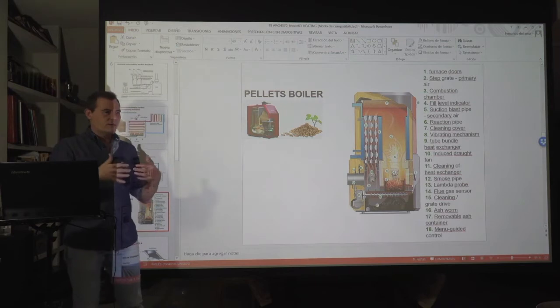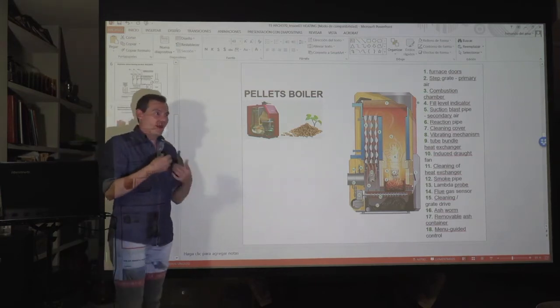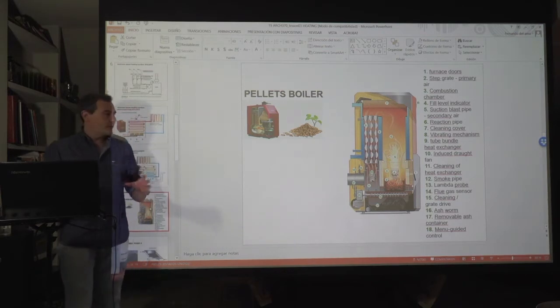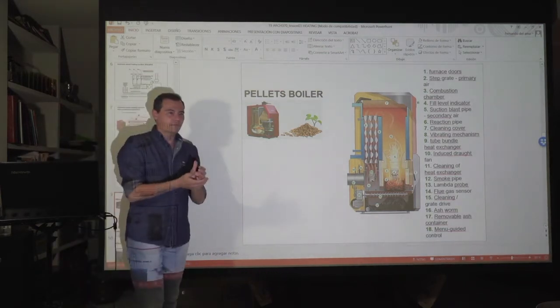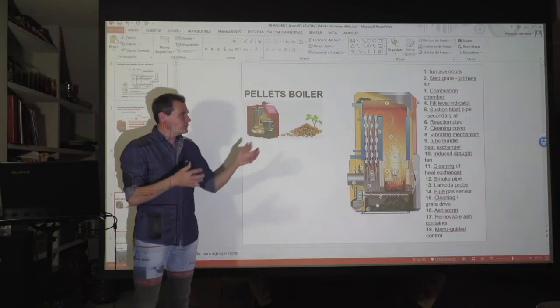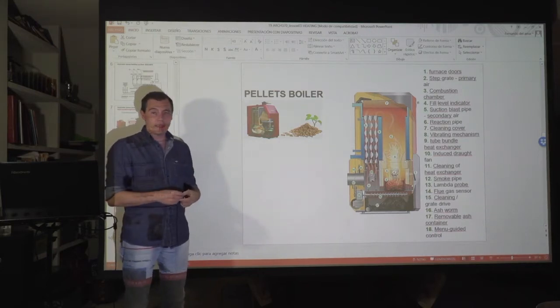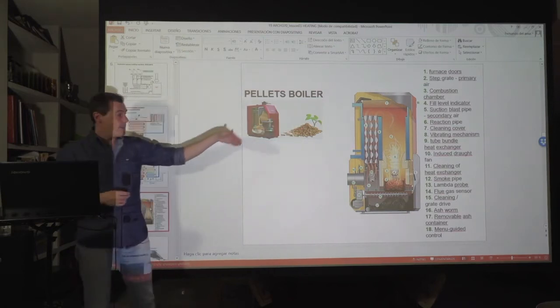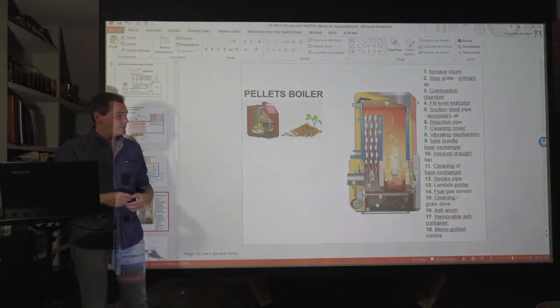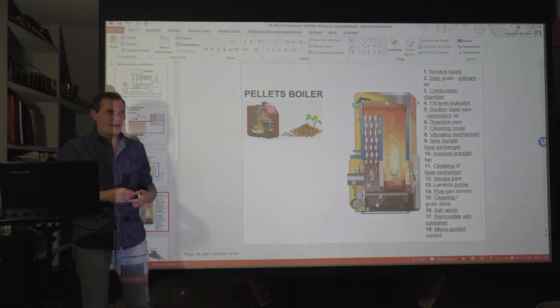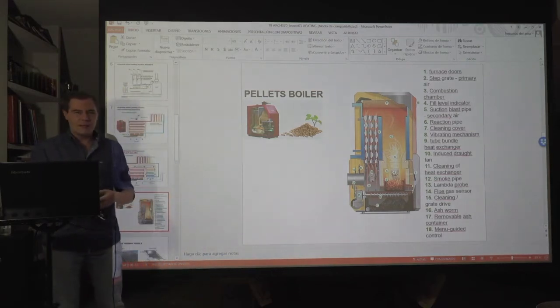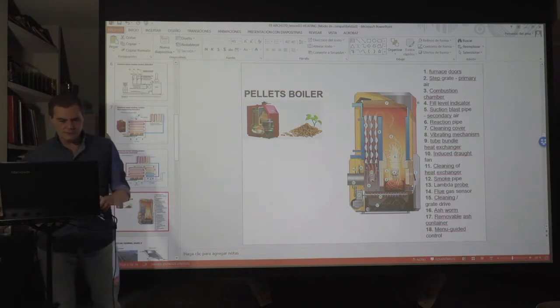But so far, I can't give you the answer to that question. Anyway, it's a good way to design a heating system. Wood is a renewable energy, and those boilers are economic, so it's not an expensive system, so it's good.